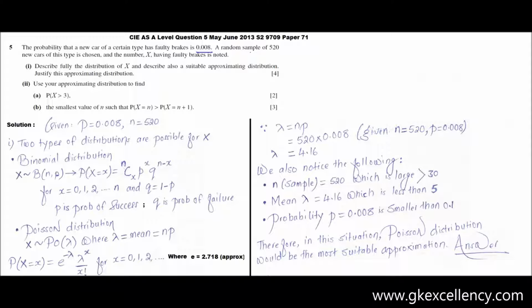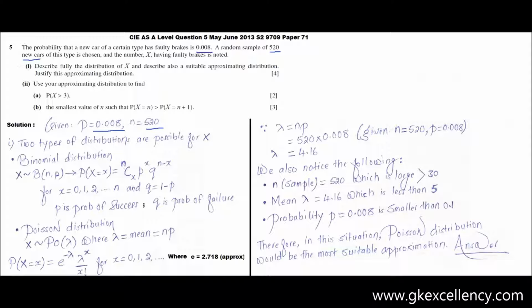A random sample of 520 new cars of this type is chosen and the number X having faulty brakes is noted. First of all, let me write the given parameters. The probability is 0.008 and the number of random samples is 520 new cars.